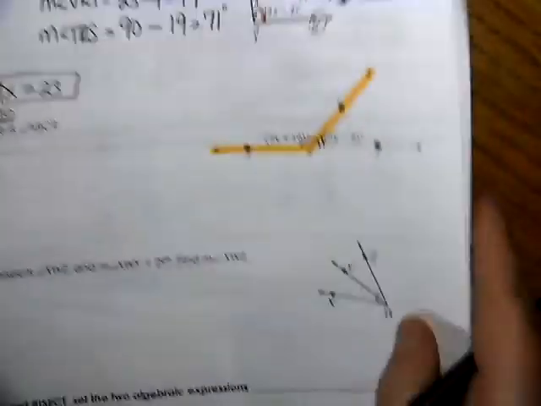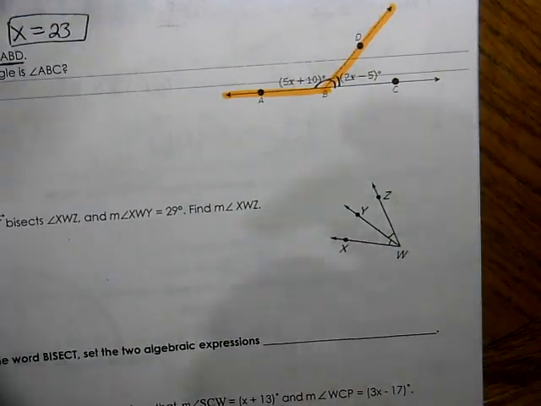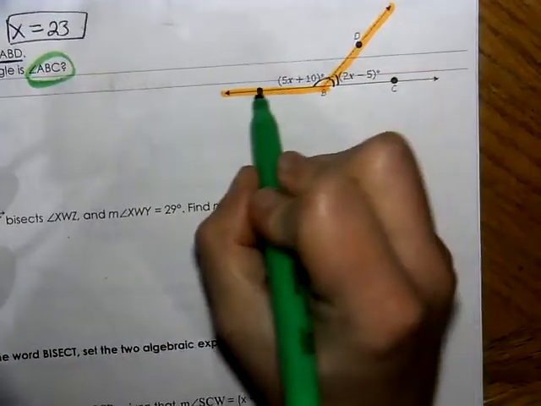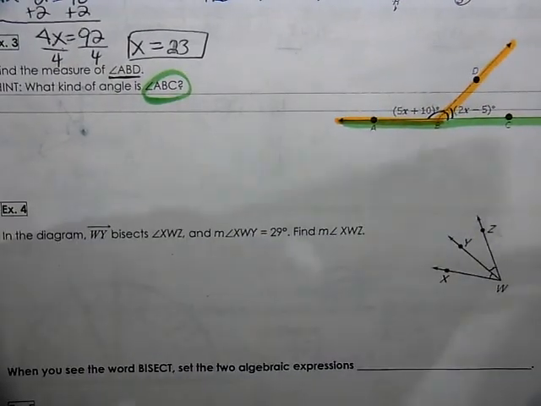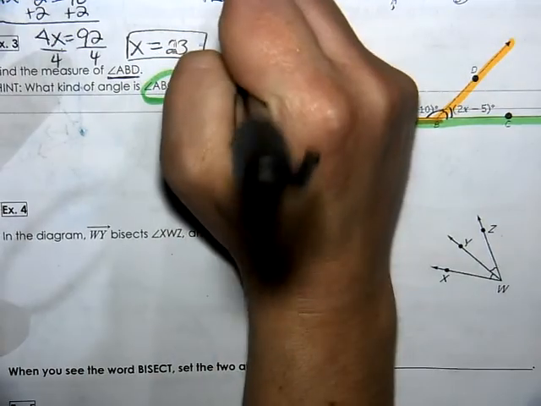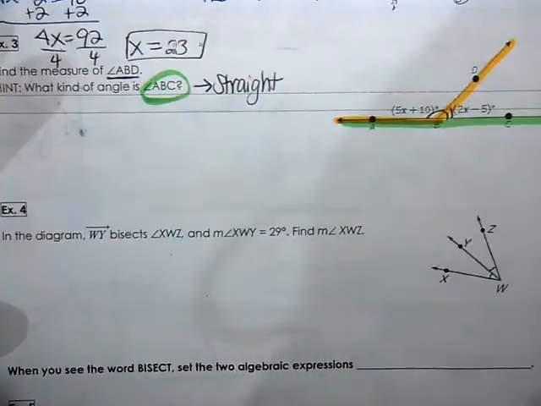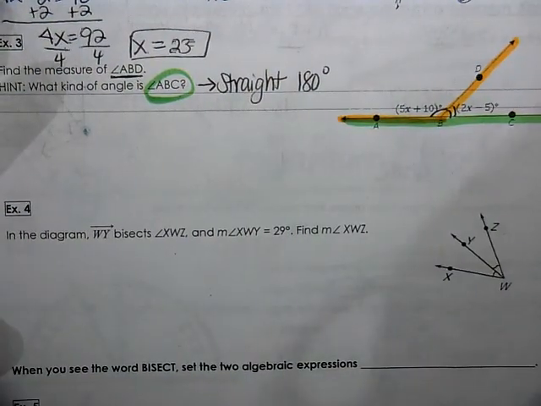And how are we going to use part plus part equals whole? What are we going to do? Well, what kind of angle is angle ABC? Well, here's ABC. ABC is a straight angle. And because it's a straight angle, its measure is 180 degrees.